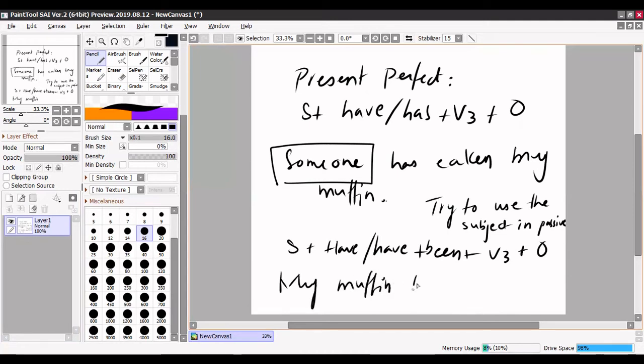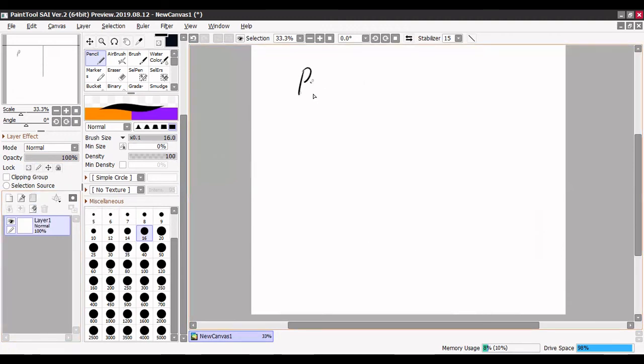Alright, so for the next tense, it's present perfect continuous, and the structure for that is subject plus have, has, plus been, plus ing, plus object.